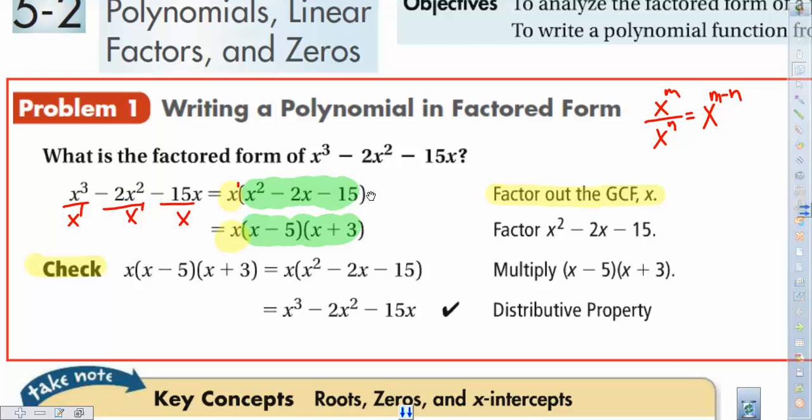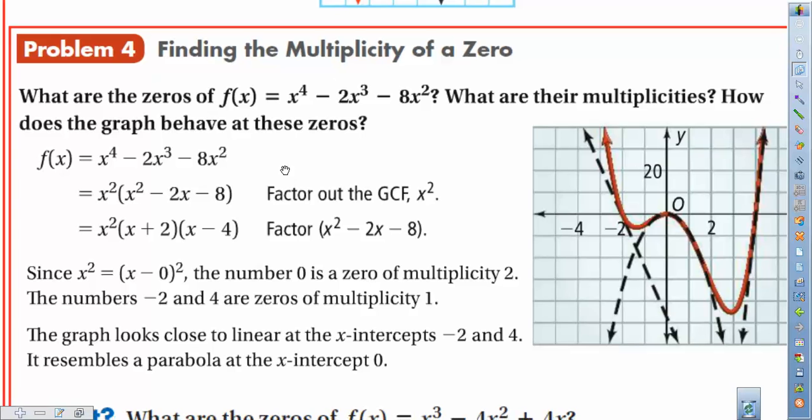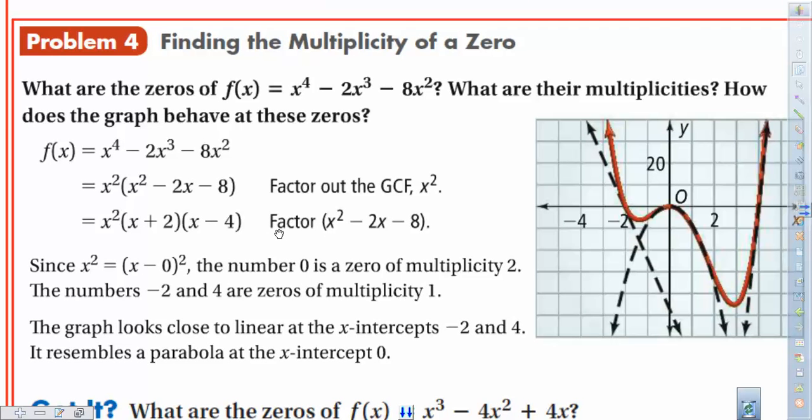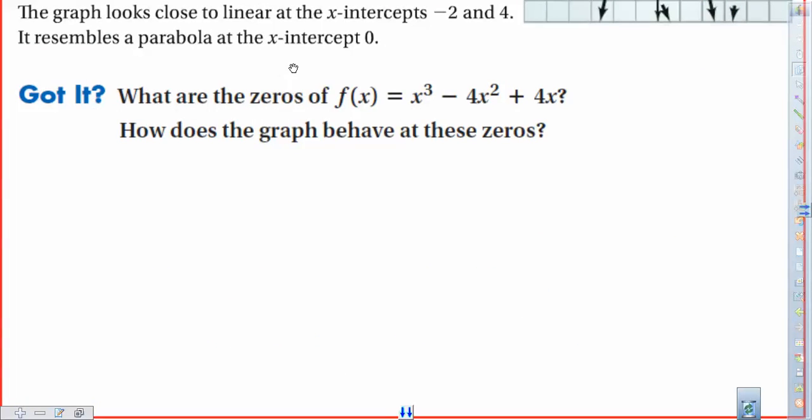The only difference between this guy when you factored it and this guy is that now, after you factored it, set them equal to 0 and just state what those zeros are. That's what I want you to do. Okay? The multiplicity stuff I'm not too concerned about right now at this point.